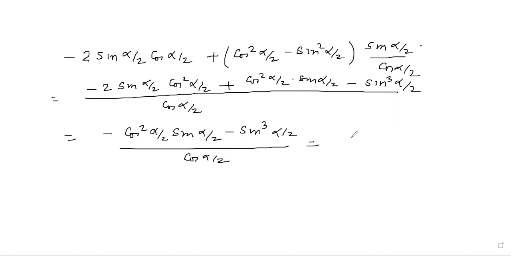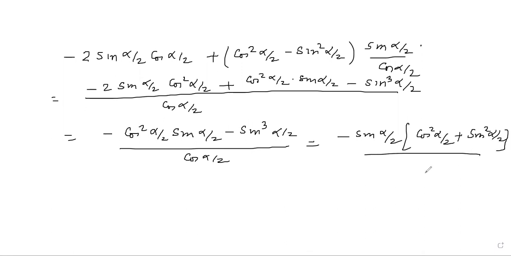So if we take minus sine alpha by 2 common, we will get cos square alpha by 2 plus sine square alpha by 2, divided by cos alpha by 2. So this will become 1. So we will get minus tan alpha by 2.